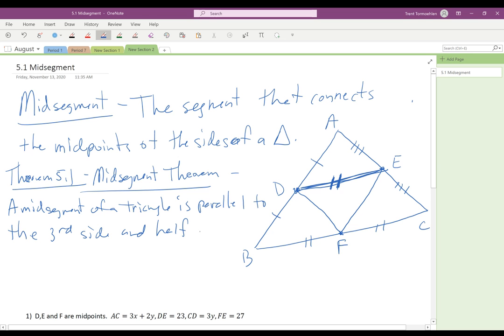And what that means, the half its length means that it's congruent to those segments created by the midpoint. So when we look at this, we can see that we said DE is congruent to BF and FC, but then we also know that DF is going to be congruent to AE and EC because DF is the mid-segment, EC is that third side, and so it's going to be congruent to those.